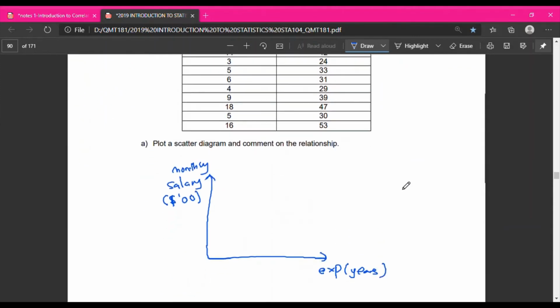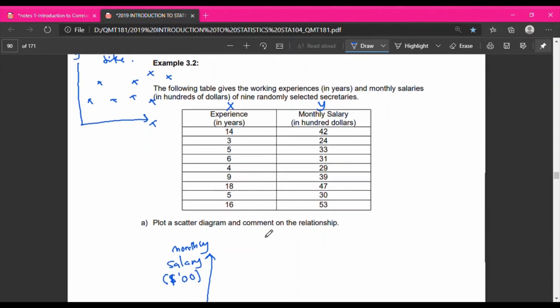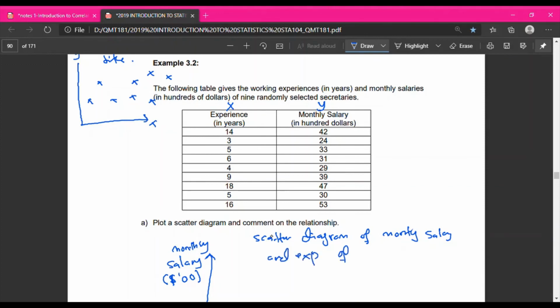Okay, in $100. And then don't forget to put the title. Okay, so title kat sini can be the distribution of ataupun the scatter diagram of monthly salary and experience of the secretary.